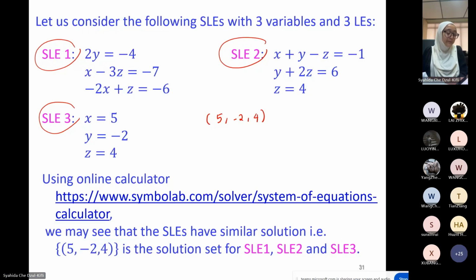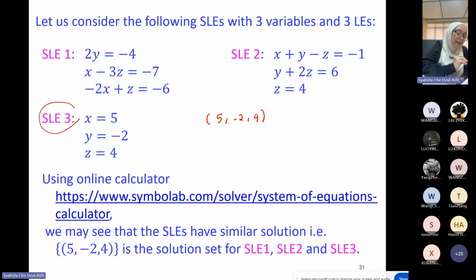Is there anything that you notice from this example? Anyone? If you want to say something, look at system of linear equations number 3. x equal to 5, y equal to -2, and z equal to 4.